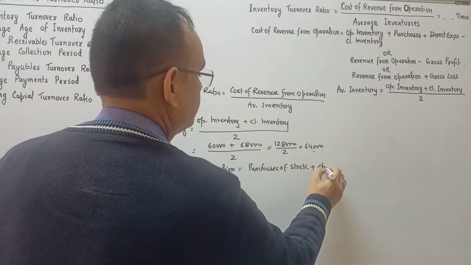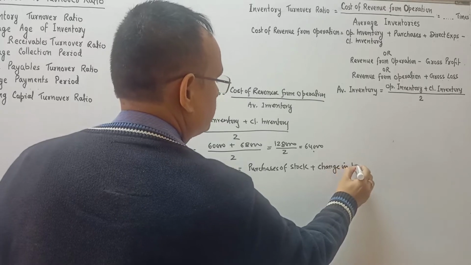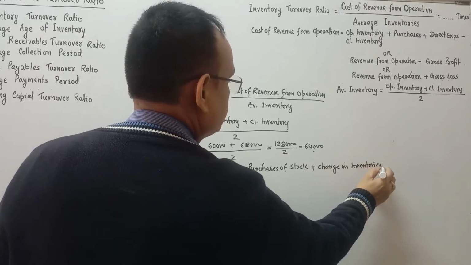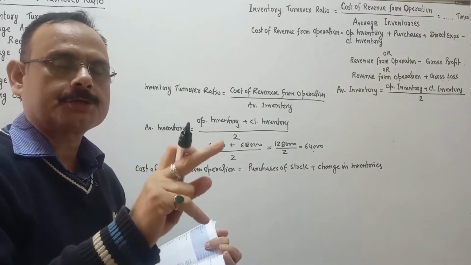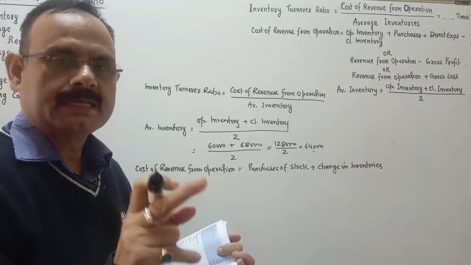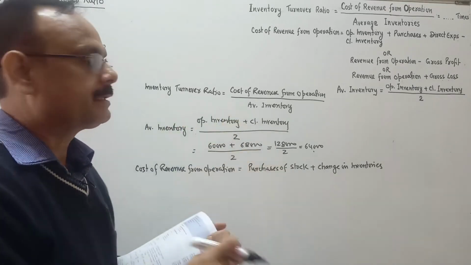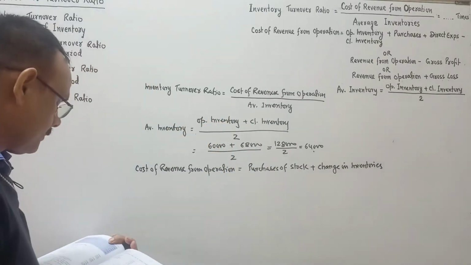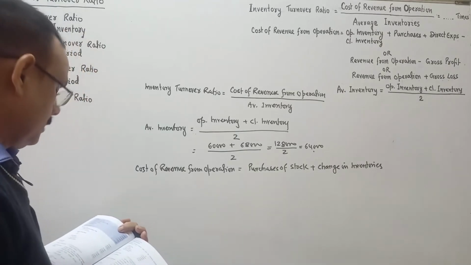Change in inventory means opening stock minus closing stock. If opening stock is more and closing stock is less, then plus, and if closing is more than opening, then the figure will be reflected in minus. Okay, so here the figure is reflected in minus.